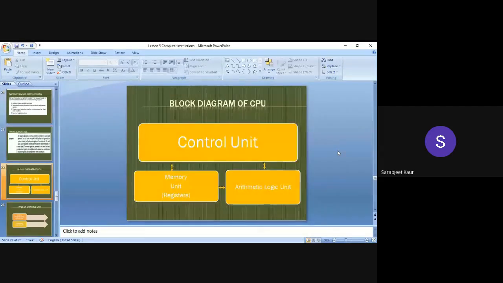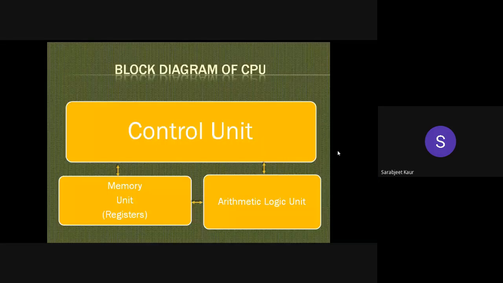So if you remember, as you can see on your screen, the CPU contains three basic components, namely the control unit, the memory unit, and the ALU, that is the arithmetic logic unit. We have already seen the registers and the bus system in detail.